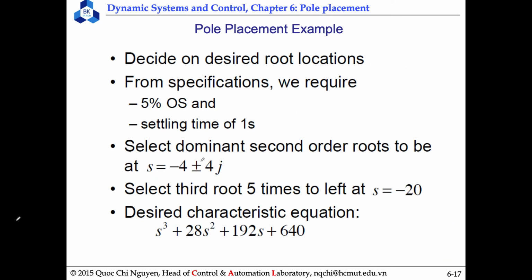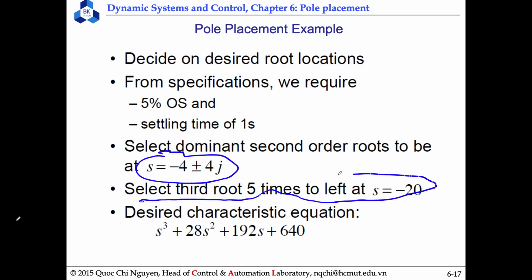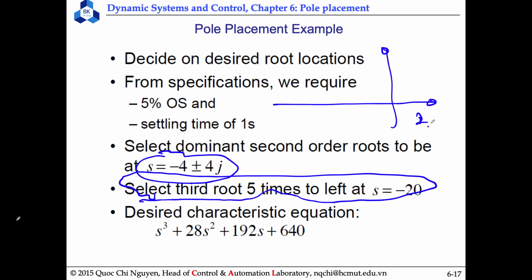And we also select the nominal pole. But the difference between this method and the classical method is we can also select the third root to be 5 times farther than the dominant pole. So the system is first order, second order. We have the dominant pole at minus 4 here, right?